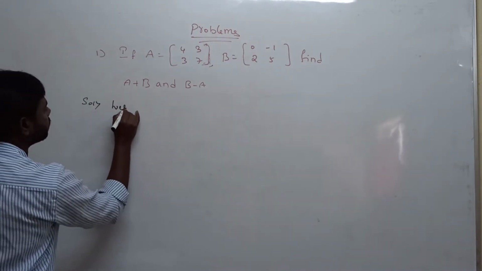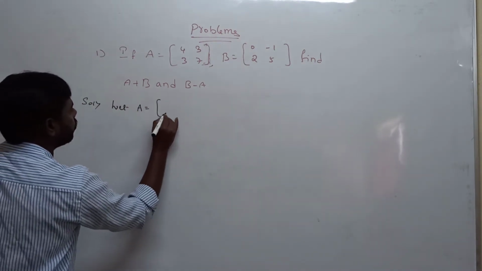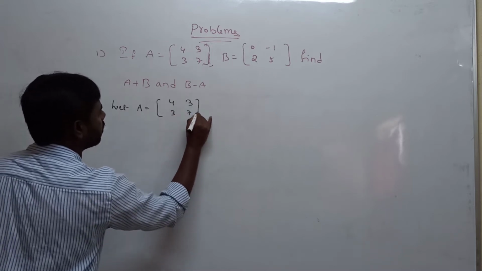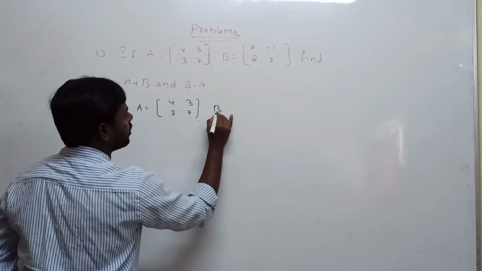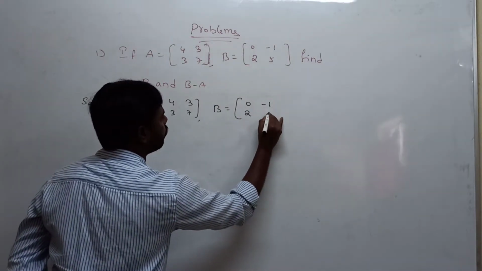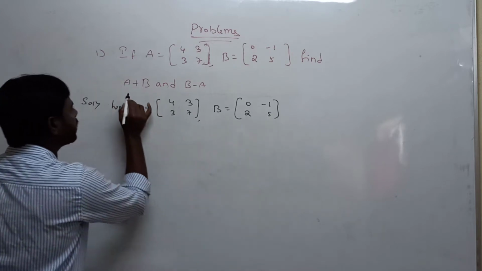Let A is equal to [4 3; 3 7] and B is equal to [0 -1; 2 5]. What are they asking?